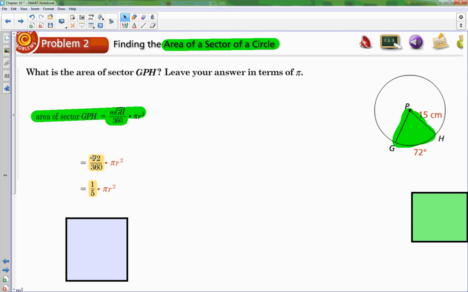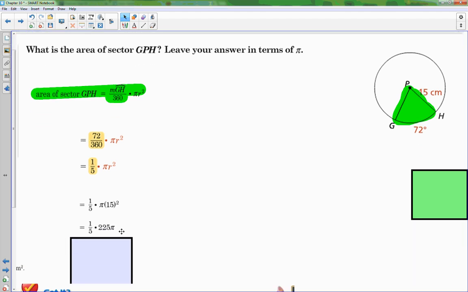This reduces down if you divide by 72. 72 divided by 72 is 1. 360 divided by 72 is 5. And we are going to put in 15 for r. Simplify it down a little bit further. And we have 15 squared is 225. We're going to multiply that by 1/5.